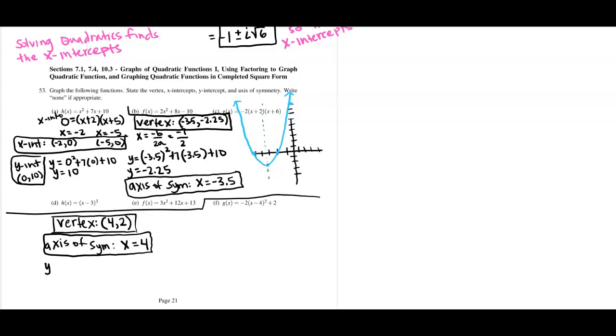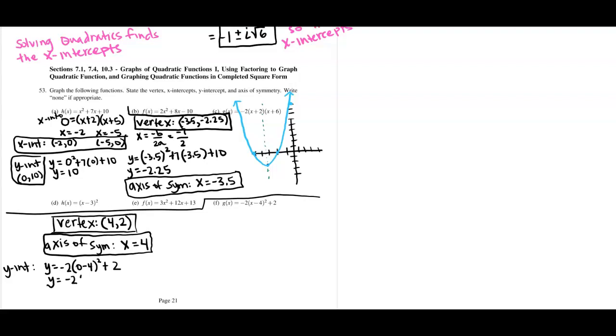So to find the y-intercept, we're going to let x equal 0. So I'm going to have negative 2 times 0 minus 4 all squared plus 2. All right, now I just need to use order of operations to simplify this. So negative 4 squared is 16.